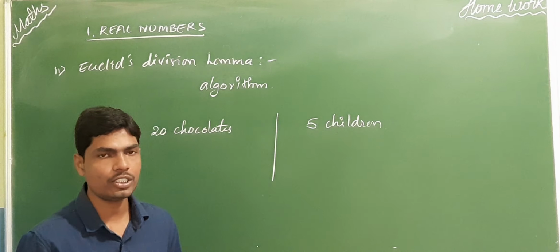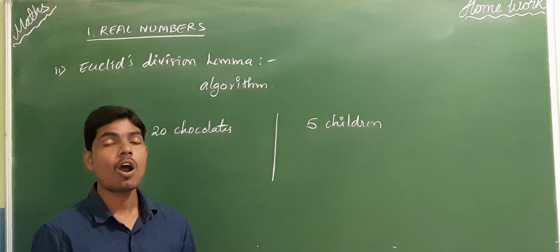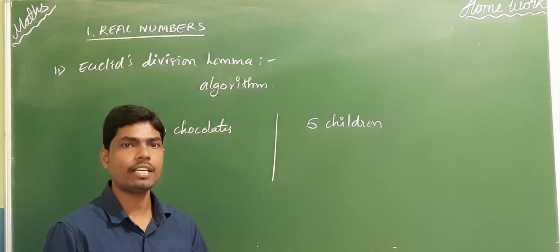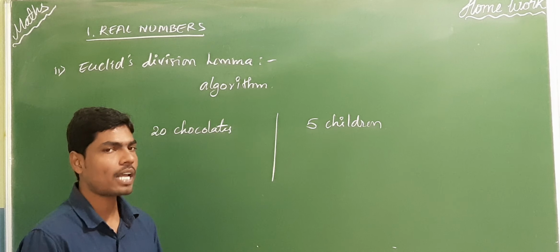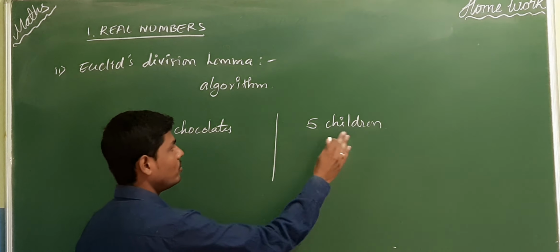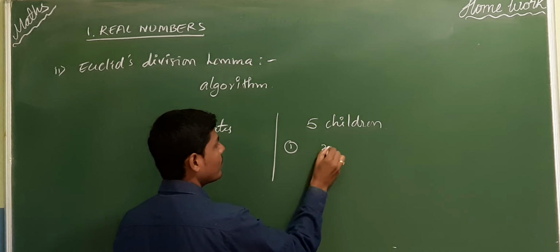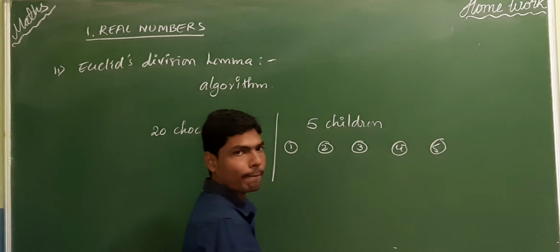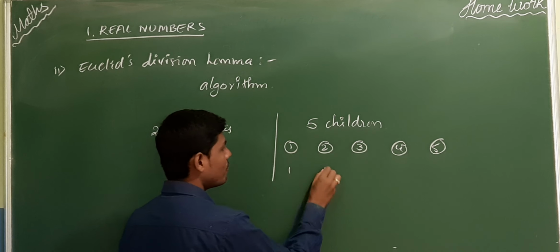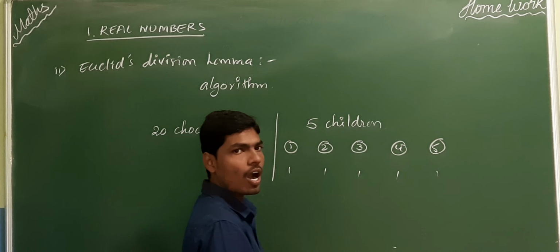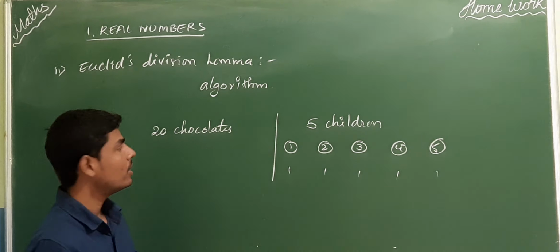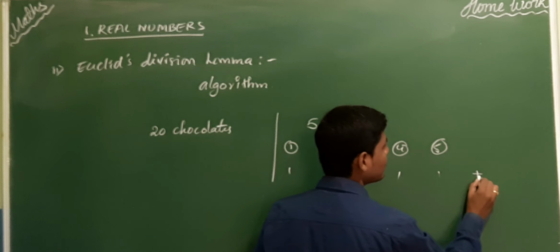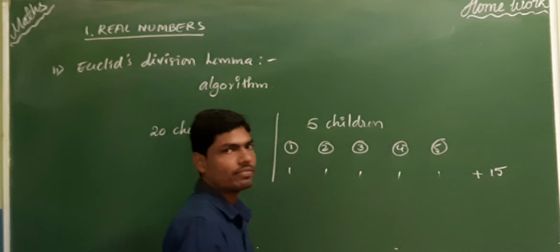First I start with one chocolate each: first person, second, third, fourth and fifth person, 1, 1, 1, 1, 1. How many have we distributed? 5. Total is 20, so how many are left? 15 chocolates are left.